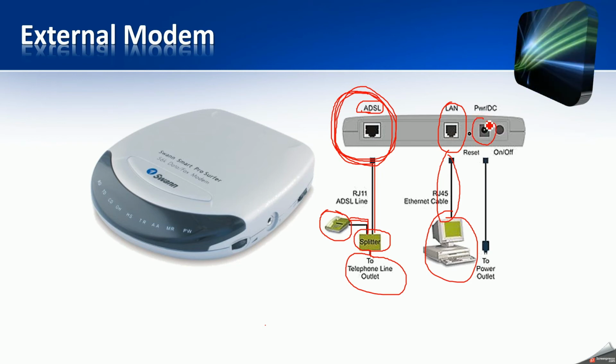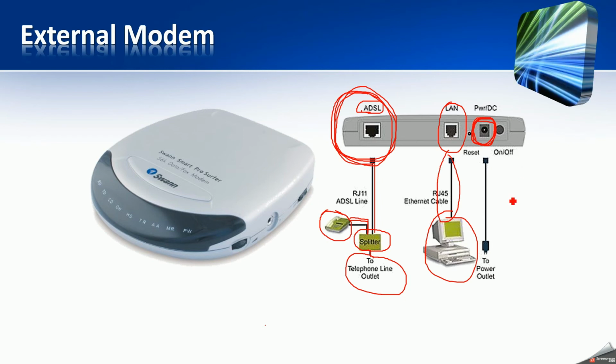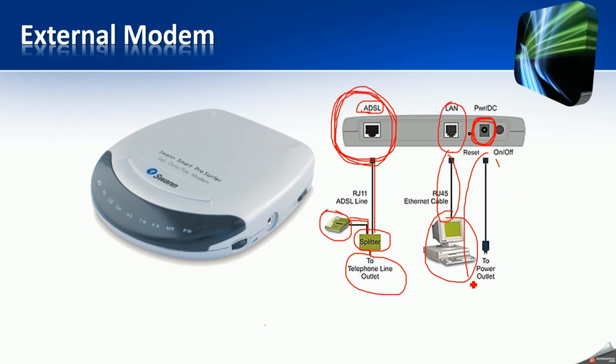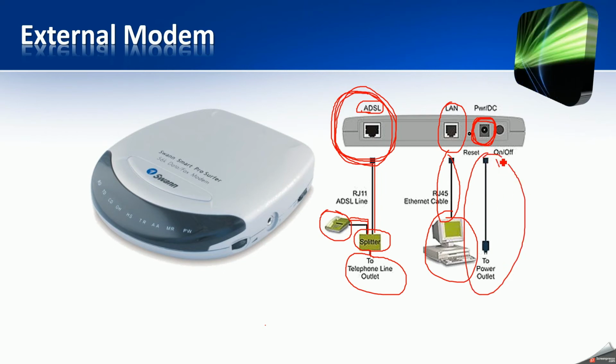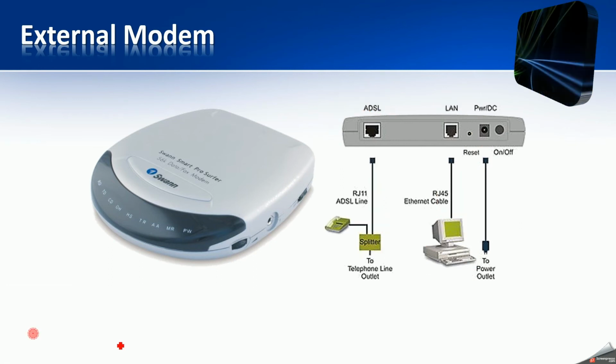And this point is for the power supply. You will also be supplied an adapter along with it, and you can connect the adapter to the electricity and to the power outlet, and it can work as long as electricity is supplied continuously to the device.